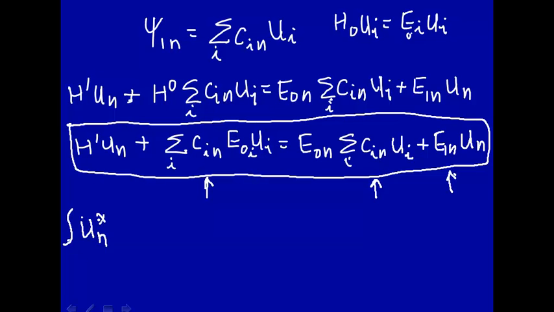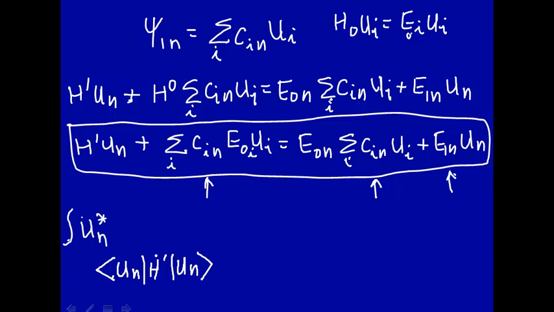the complex conjugate for the nth quantum state and integrate over all space. So let's do that for each one of these terms. So let's go ahead and do that. Let me change notation. So for this first term, we're going to multiply by the complex conjugate of un and integrate over all space. Let's call that un h prime un.